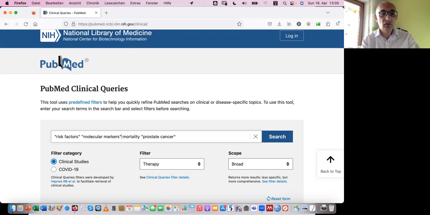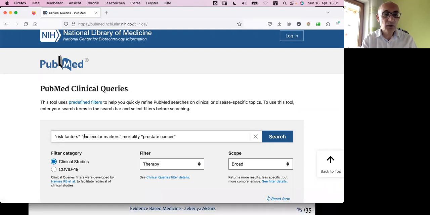Instead, I want to search for this combination of words, and I could type AND in between these search terms, but actually, since the default search term is AND, I don't need it, I can omit it. And instead of mortality, I would like to use the asterisk to search other similar words starting with mortal.